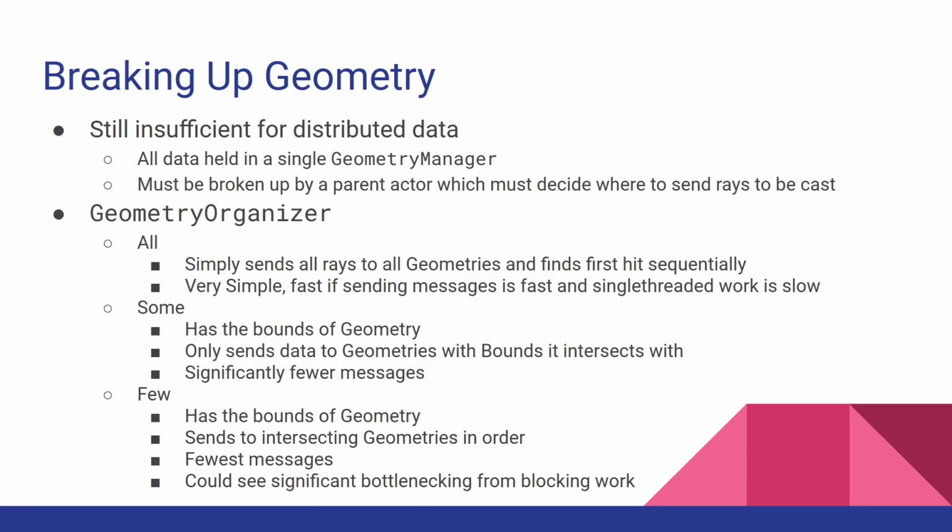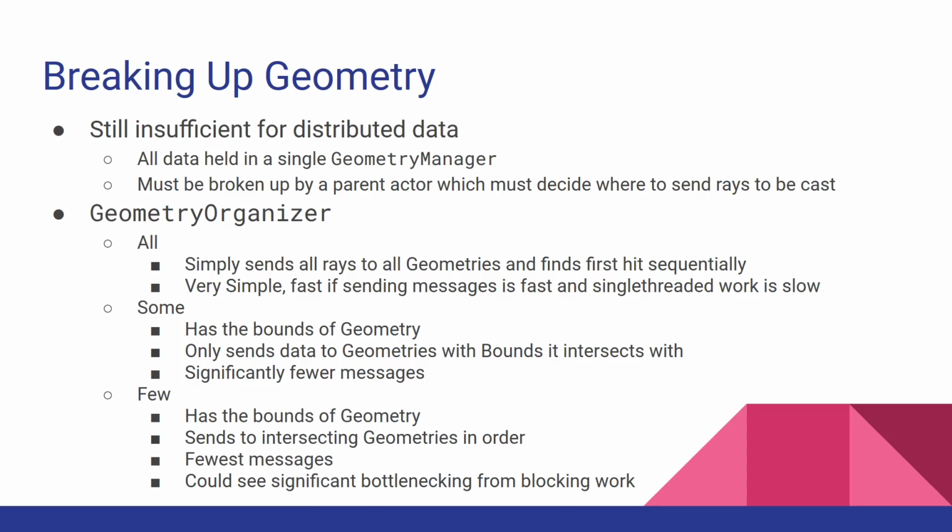The some, on the other hand, has the actual bounds of each of those pieces of geometry. Each of those geometry managers it knows the bounds of, and will send a given ray only to the geometries whose bounds it intersects with. So if it would even potentially enter the total bounds of that geometry, it will send that ray.